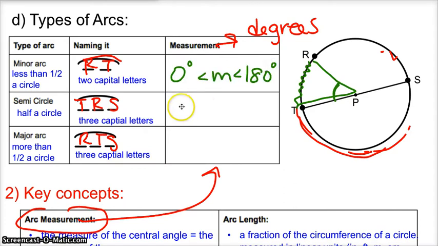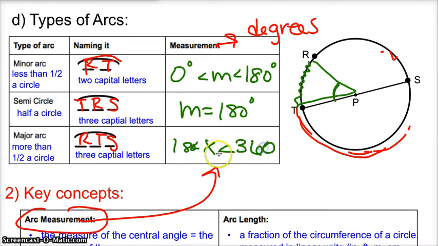So it's between 0 and 180. It can't be 0 and it can't be 180. The measurement of a semicircle is exactly equal to 180. And the measurement of a major arc is going to be more than 180, but less than 360, remembering there's 360 degrees in a circle.